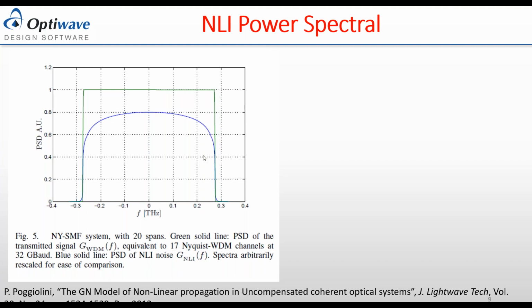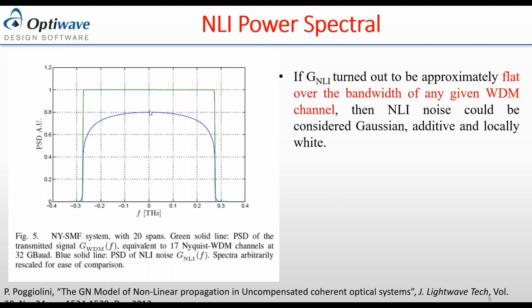If you look at the assumption here, we assume that each channel, of which we have 17 under the green line, has almost flat nonlinear interference. So the assumption is locally white additive Gaussian noise.